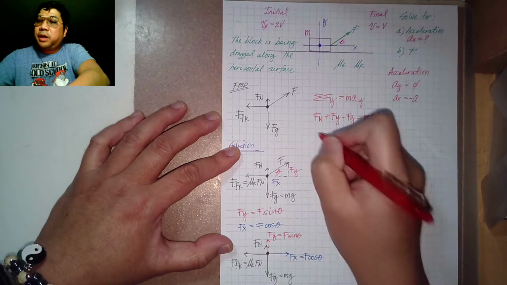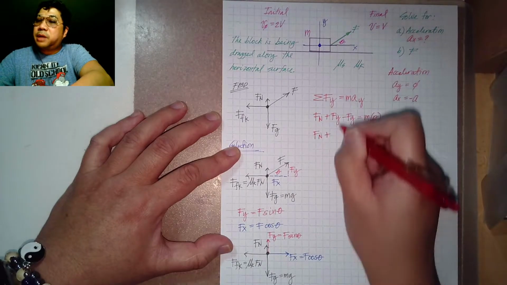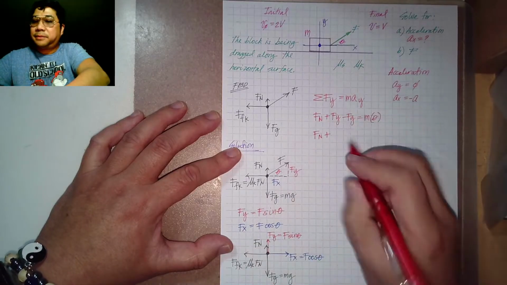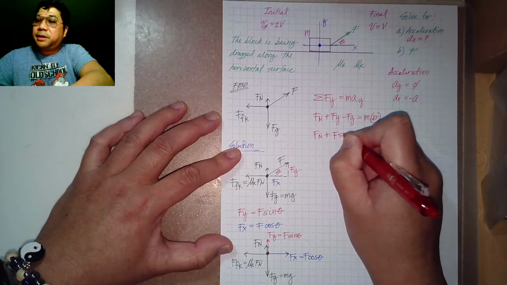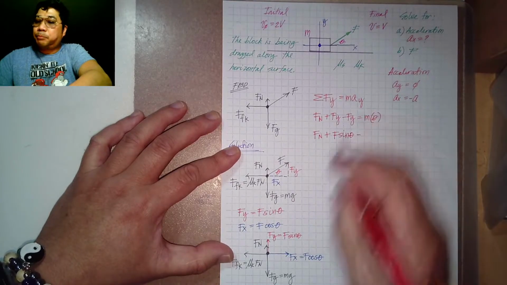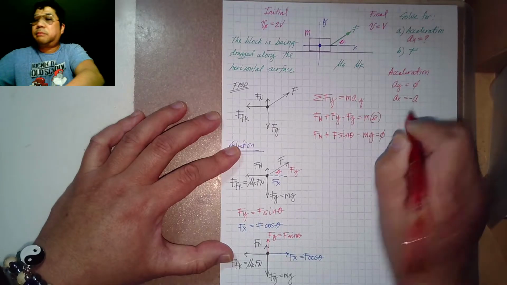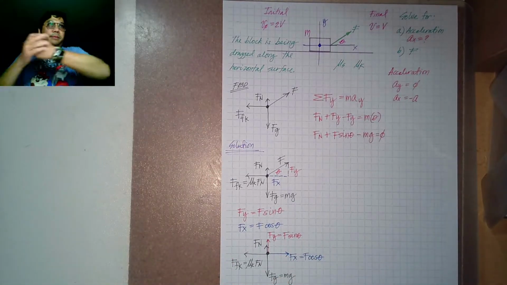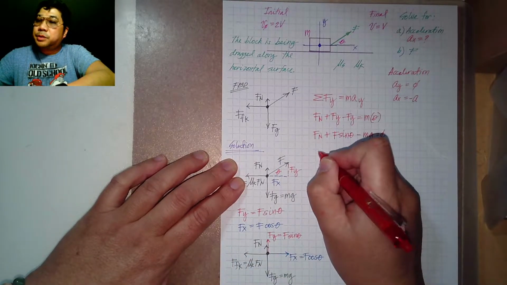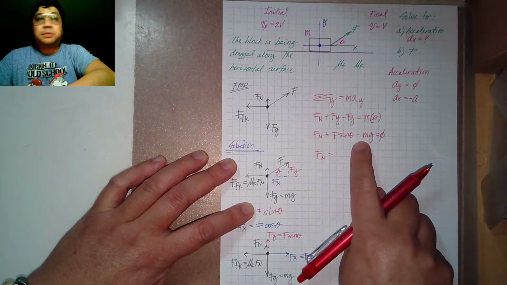So F sub n, or the normal force, plus the y component of the applied force F, which is F sine theta, minus F of g, which is mass times g, equals 0. Again, I want to express my answer in terms of Fn. So now we have our Fn, and this one is negative.